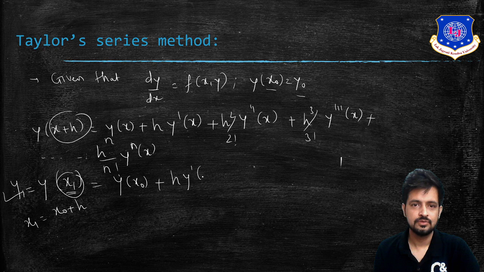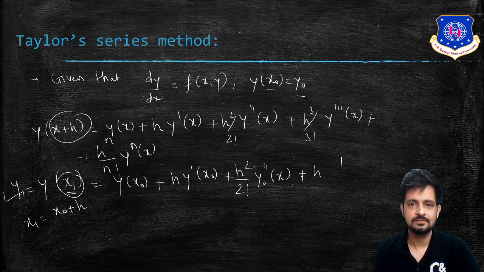So y1 is equal to y of x0 plus h into y dash of x0 plus h square by 2 factorial y double dash of x0 plus h cube by 3 factorial y triple dash of x0, and so on, till h raised to n upon n factorial and the nth derivative of x0.